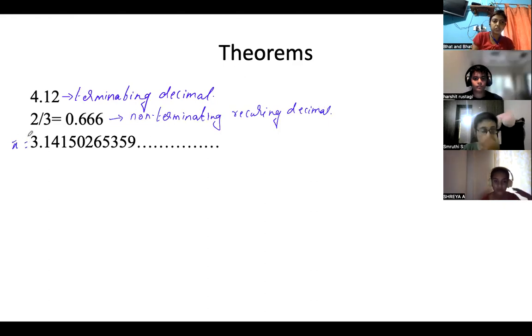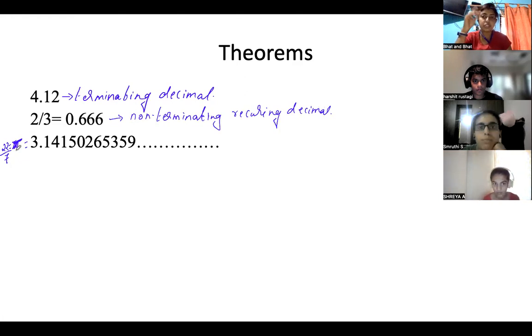Then what about this number? This is actually the value of pi, which is equal to 22/7. We actually stop it at 3.14, but it doesn't stop there. If you start doing the division, it will not stop at all. You will be writing the decimal continuously.